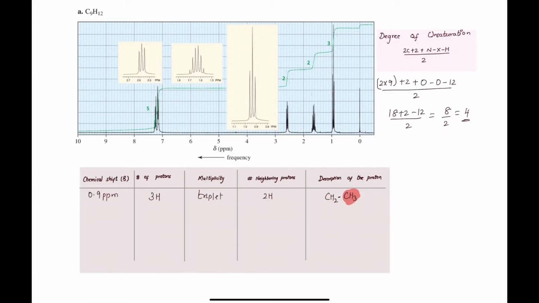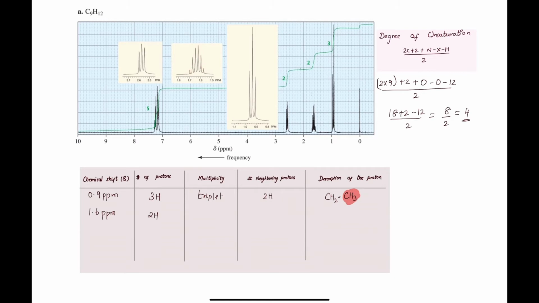Let us now go on to the next peak on the left. We have a peak around 1.6 ppm, and the total number of protons this peak accounts for is 2 hydrogens, as seen in the integration. Let's look at the splitting pattern in the blown up part of the spectrum. You can see 1, 2, 3, 4, 5, 6 peaks.